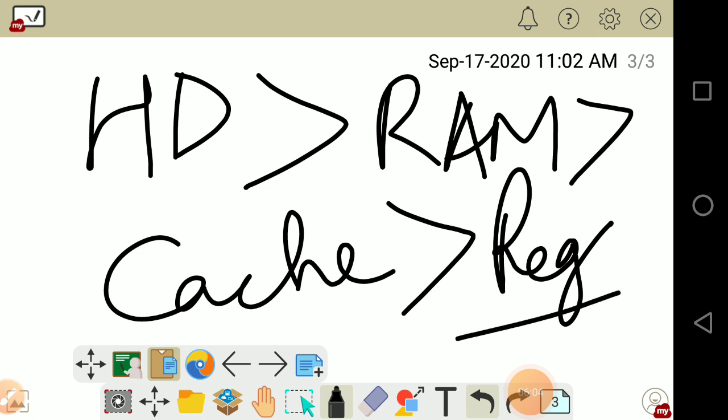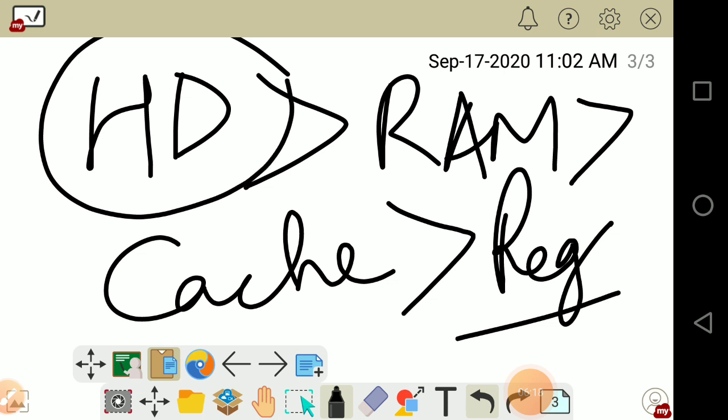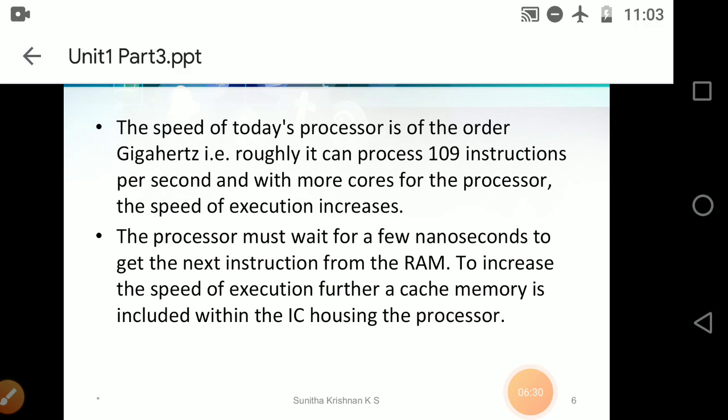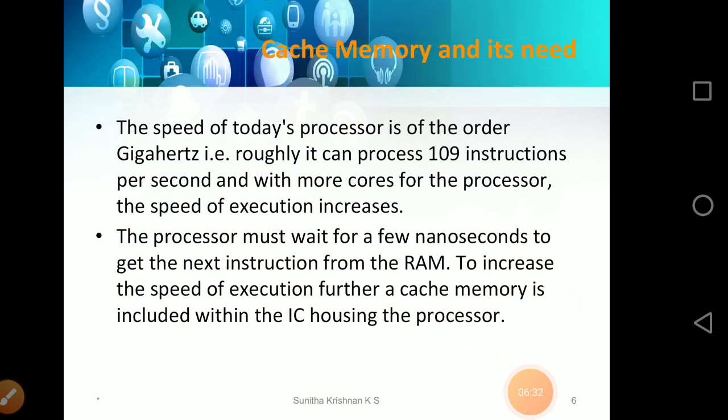Registers store one or two numbers that are being executed, maybe an intermediate result, or the operands of any operation. So this is the order of their storage capacity: hard disk or the secondary devices have the highest storage space, then RAM, then cache, and then registers. This question can also come in the storage topic.